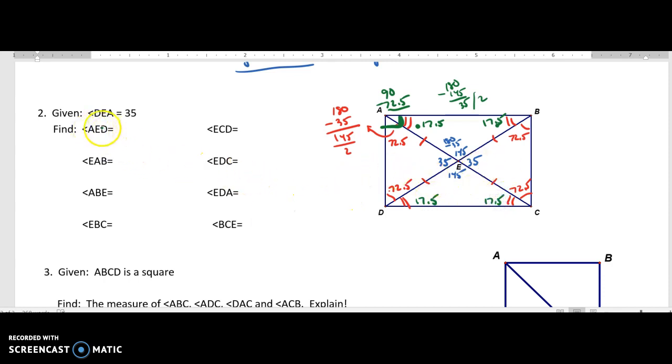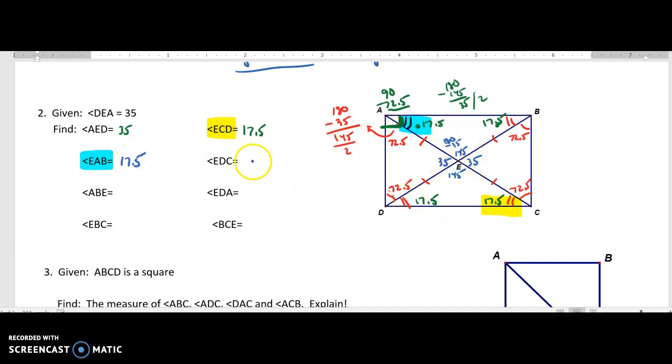Now I could just come over here and trace the angles. AED we said is 35 degrees. ECD we have marked as 17.5. So remember, this angle here is this angle here. Then EAB, so if I trace EAB, that's that angle, which would be 17.5.